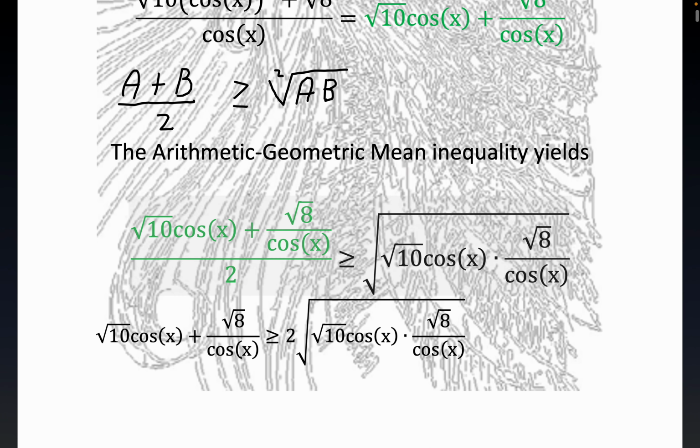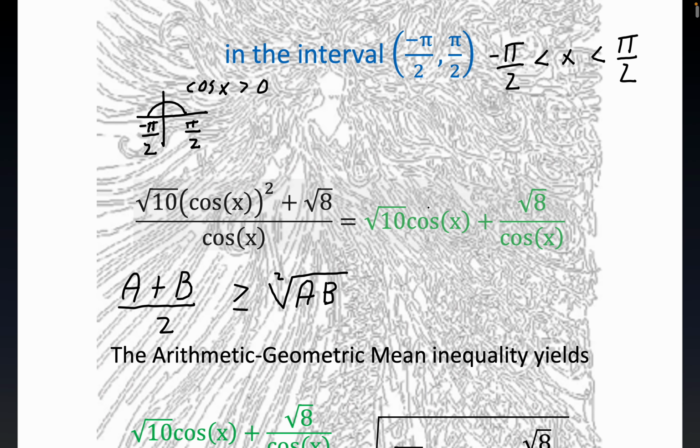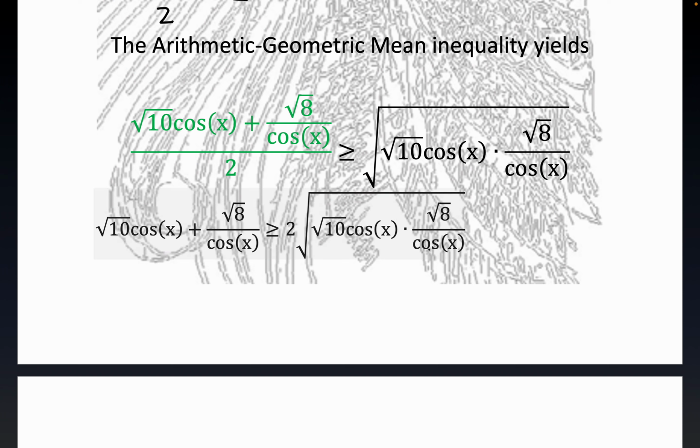And this is what we're interested in. This is equal to what we were interested in looking at if you go all the way back up here. Notice right here, because cosine x is strictly positive, the cosine x cancel.